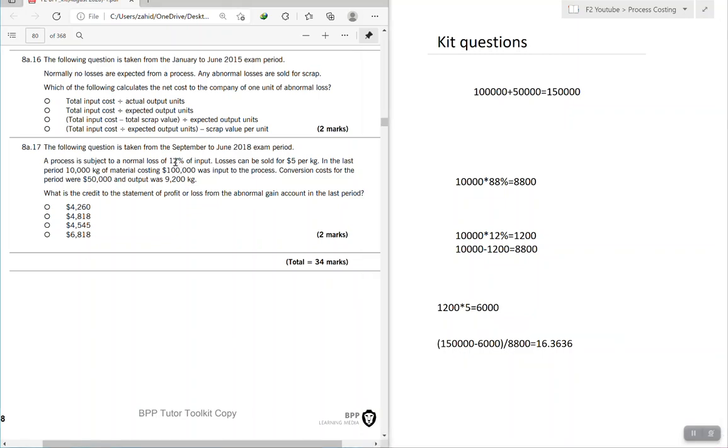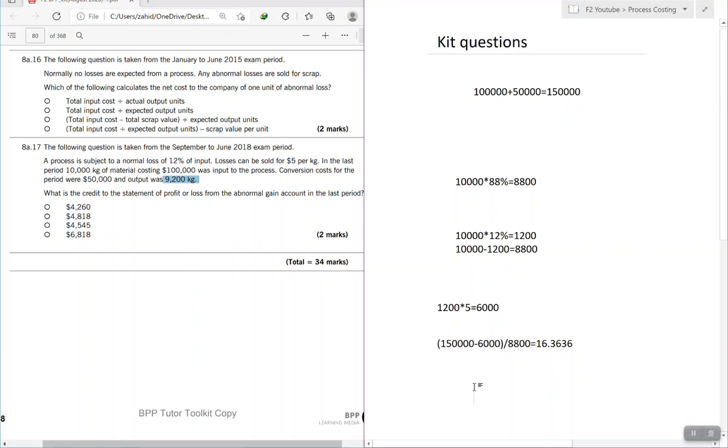So we have 12% input losses and they can be sold at 5. We have 10,000 input. Yeah. So we have actual output of 9,200. So that means we have 9,200 minus 8,800, 400 gain.